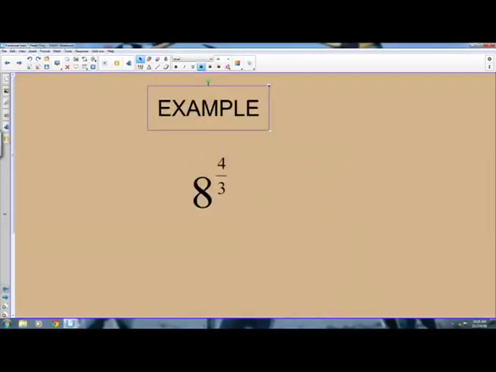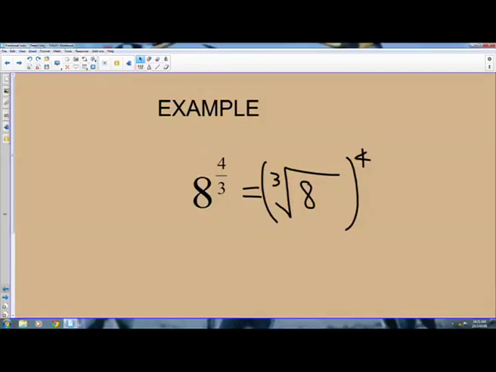And then there is another example here. 8 to the power 4 over 3. This will be the cube root of 8, all raised to the power 4.